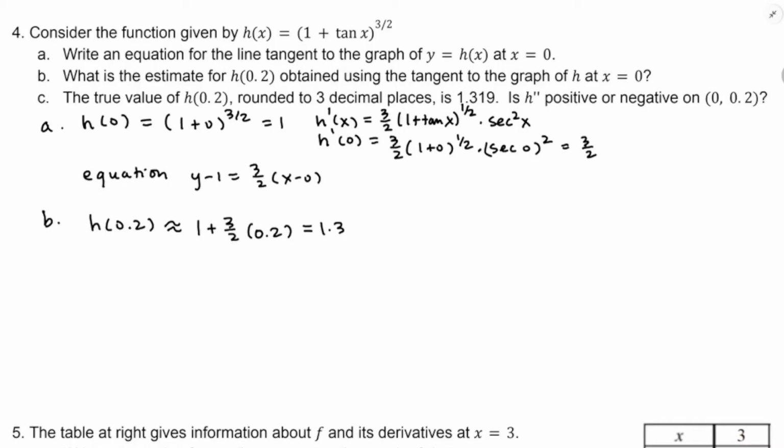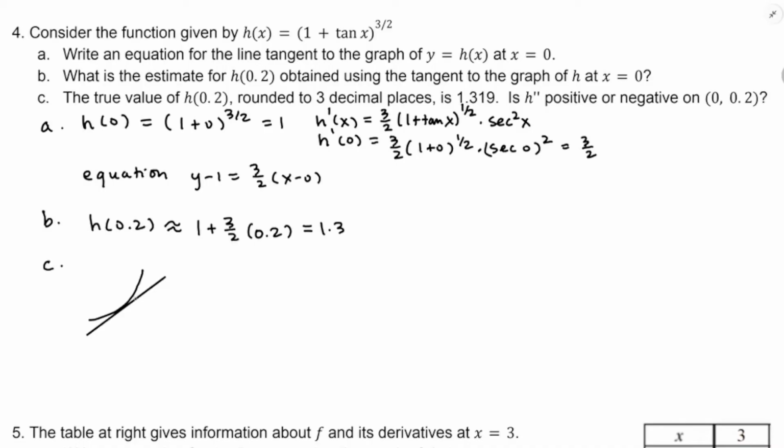Is h double prime positive or negative on the interval 0 to 0.2? And there's not going to be any points of inflection in there, trust me. It's not going to happen. So we're going to say, okay, based on the fact that the real value is greater than the approximate value, that's going to be concave up.